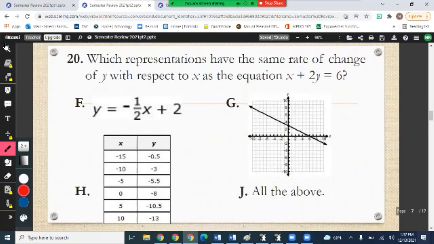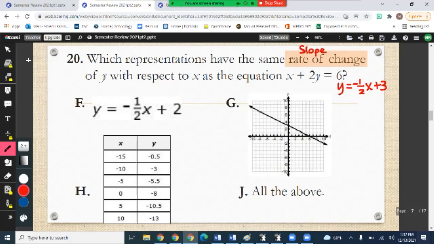Number 20. In your packet, all you were asked to do is find the rate of change, which is slope. Okay. Now, in order to find the slope of that equation, what did you have to do? All right. Once you solve for y, what did you get? Thank you. -1/2 x plus 3.